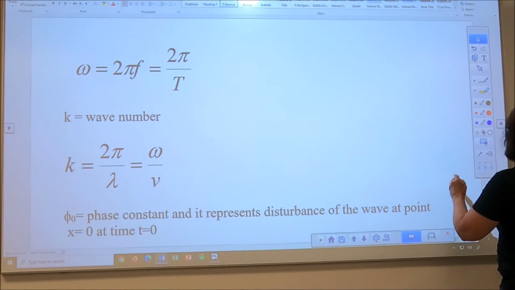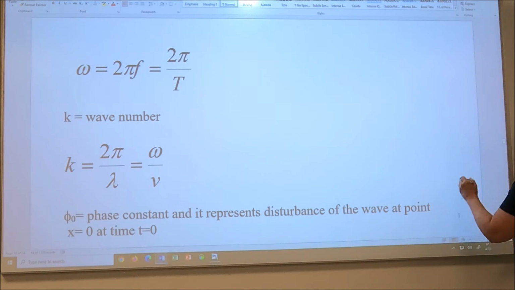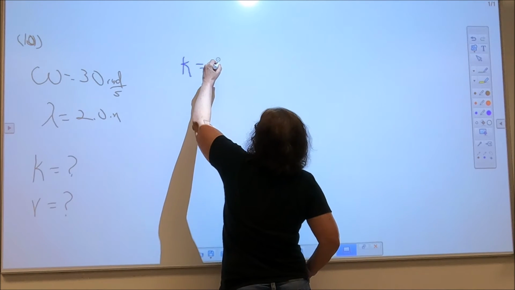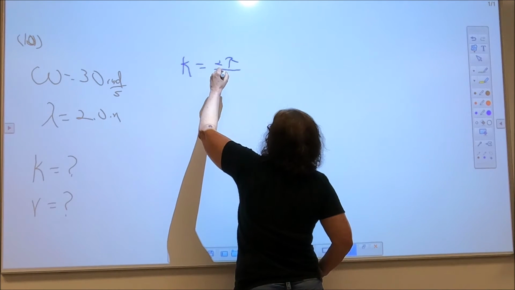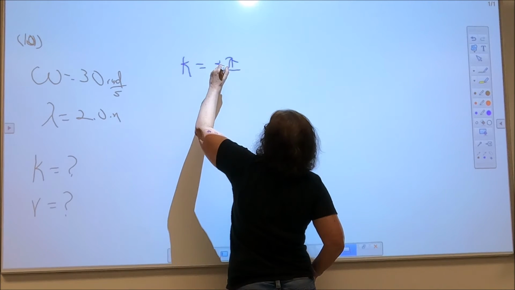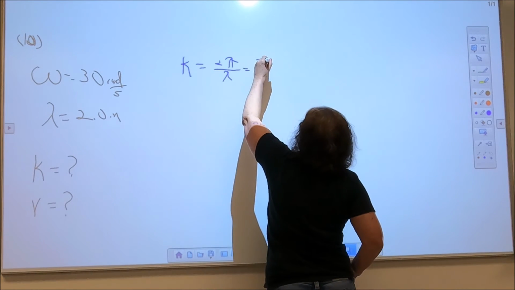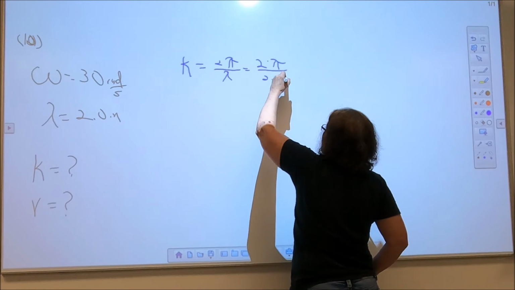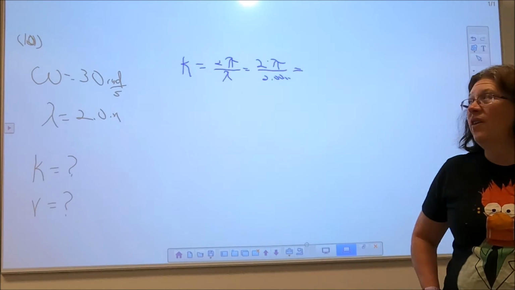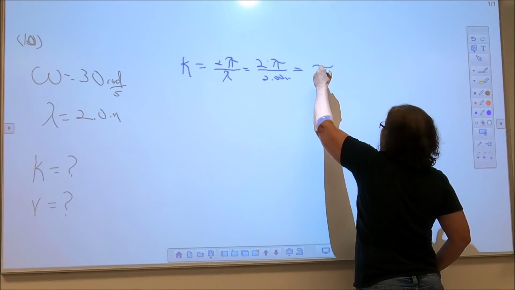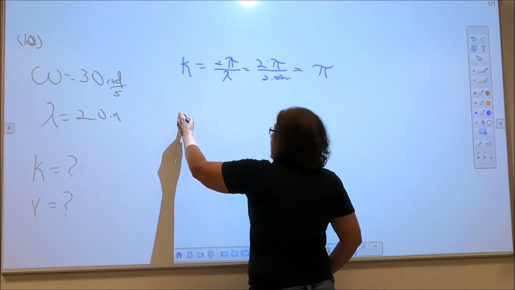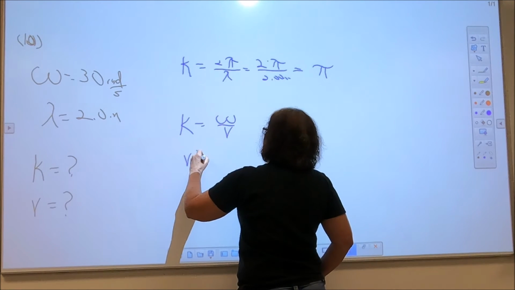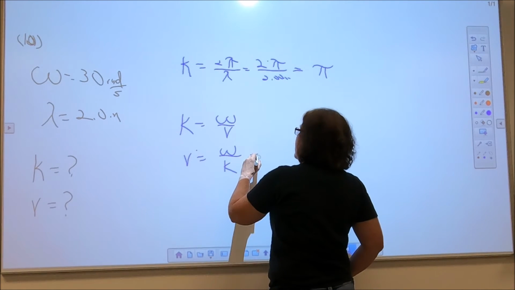So let's switch back over. k equals 2 pi over lambda. So I'm going to have 2 pi divided by the wavelength. So the 2's divide out, so k here is equal to pi. And k also equals omega over v, so v would equal omega over k.